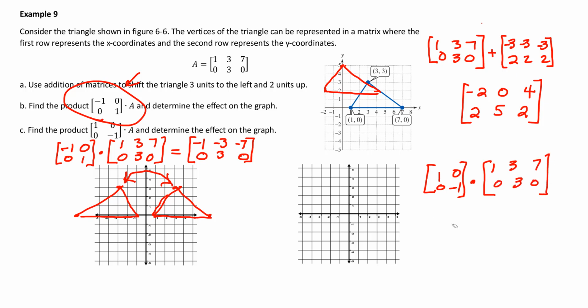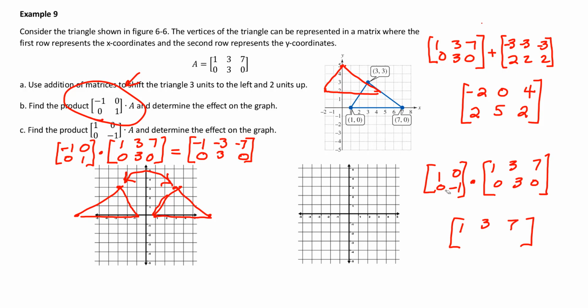We're going to get a 2 by 3 matrix. I'm going to go across the first row, 1, 0, and down the first column. So 1 times 1 is 1, 0 times 0 is 0, so 1 plus 0 is just 1. Across the first row and down the second column: 1 times 3 is 3, 0 times 3 is 0, so 3 plus 0 is just 3. Across the first row and down the third column: 1, 0, 7, 0. So 1 times 7 is 7, 0 times 0 is 0, and 7 plus 0 is just 7.